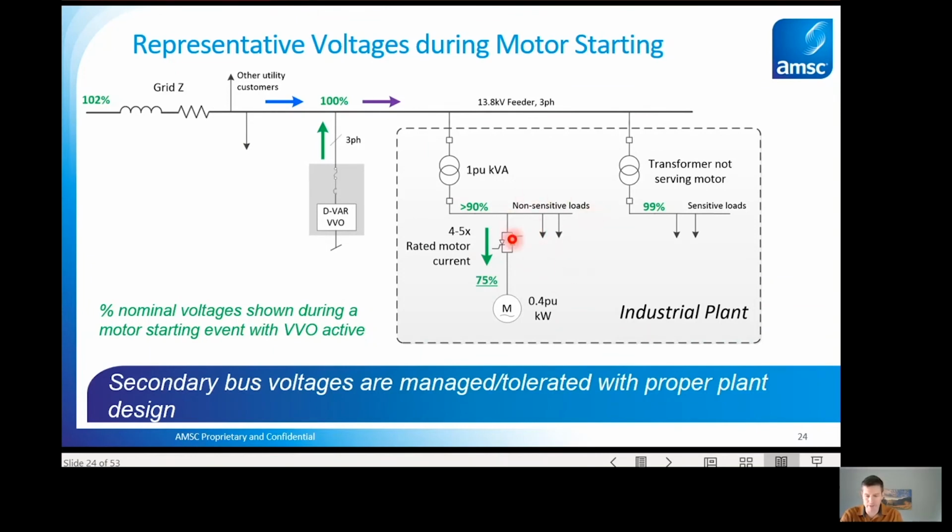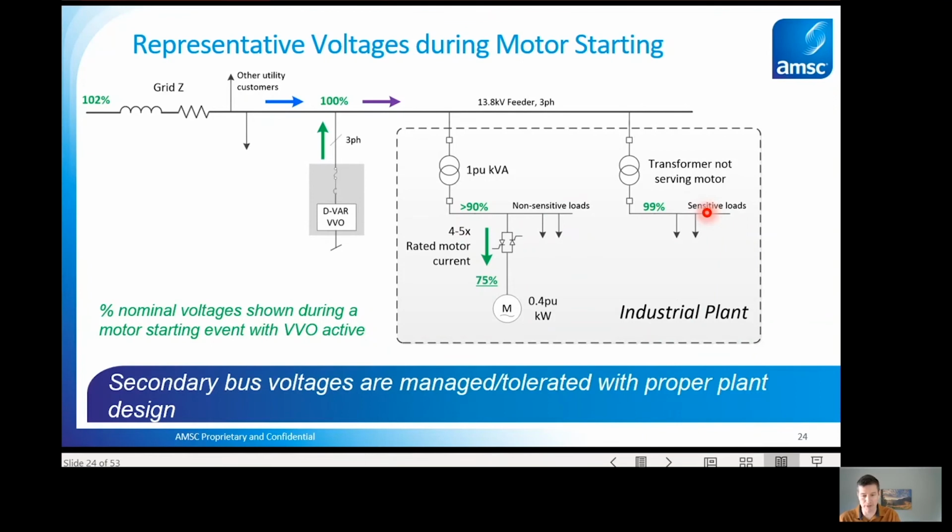If there are sensitive loads on that bus that you're concerned about, and you don't want that voltage dip on the secondary impacting that sensitive load, one of the things we do recommend is to move that sensitive load over to another transformer that the VVO will then be automatically protecting, where that other transformer would not be serving other motors that are having that large inrush.